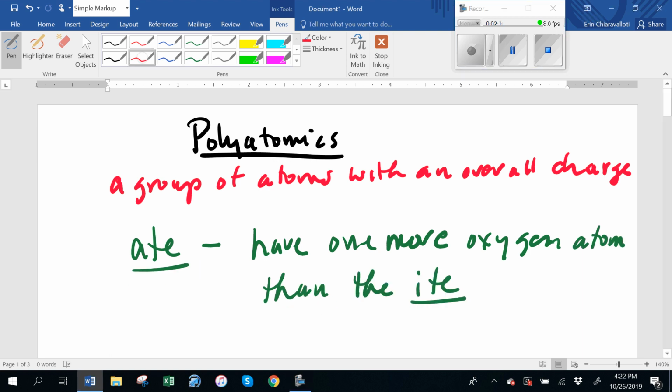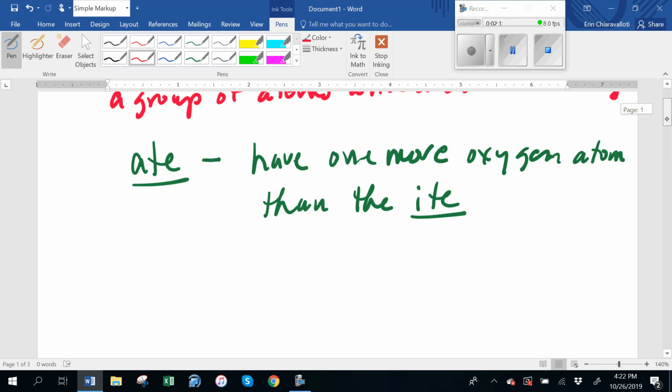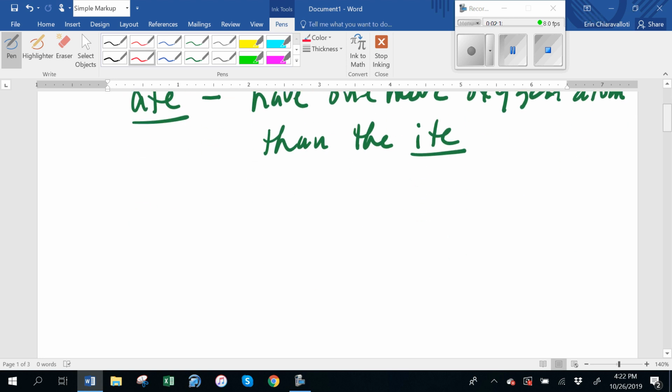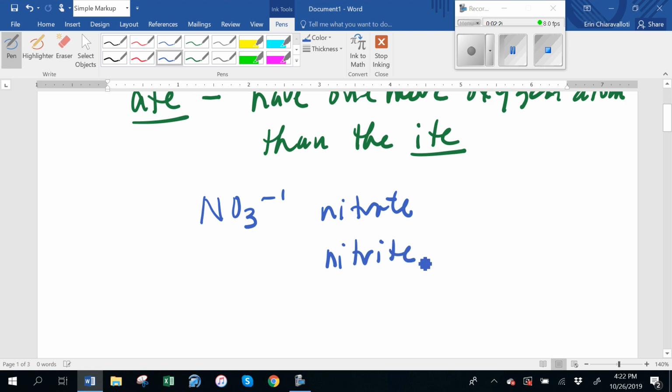So let's take a look at an example. If we look at nitrate, and nitrate is going to be NO3 minus 1, then I know that if I have nitrite, I'm going to have NO2 minus 1.